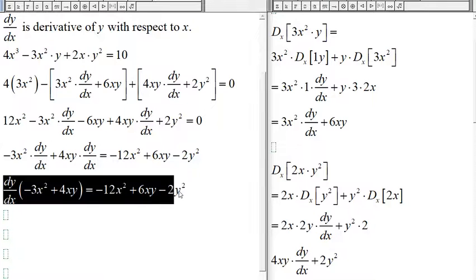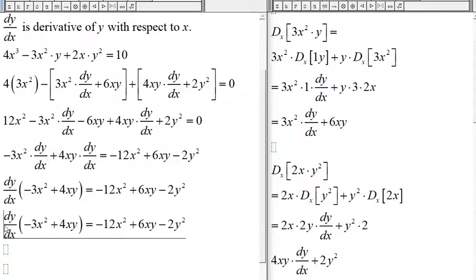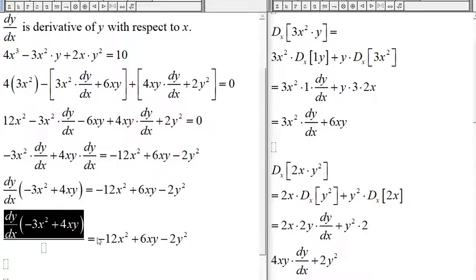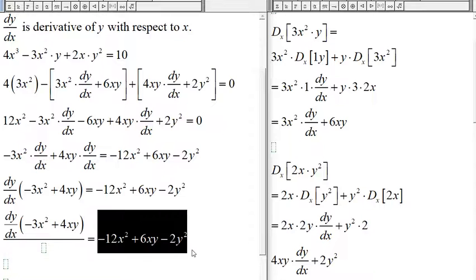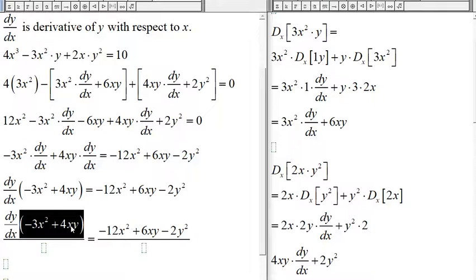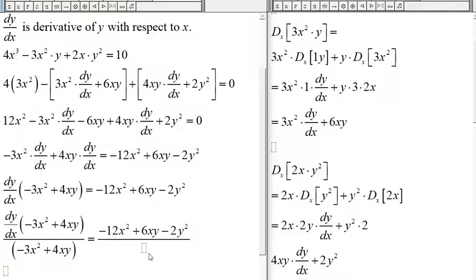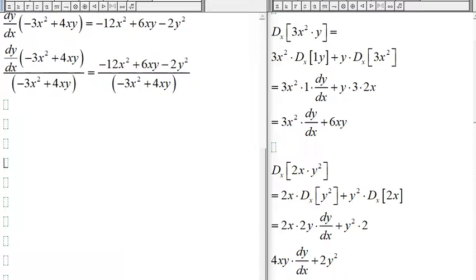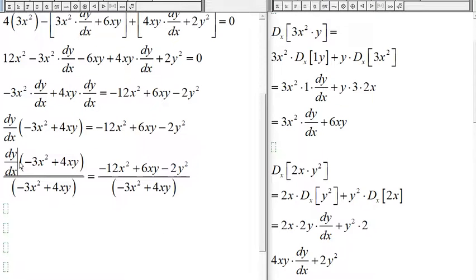And then divide both sides by negative 3x squared plus 4xy. And so dy dx is equal to this.